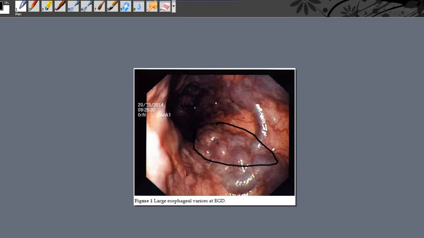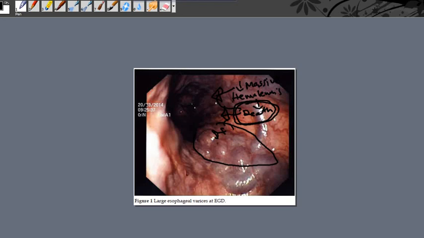The submucosal veins become dilated plus tortuous, and if this vessel ruptures, there will be massive hematemesis, and this will lead to death of the patient. This is one of the most common causes of death in patients with chronic liver disease, that these esophageal veins located in the lower end of the esophagus will rupture, and this leads to massive hematemesis, right?